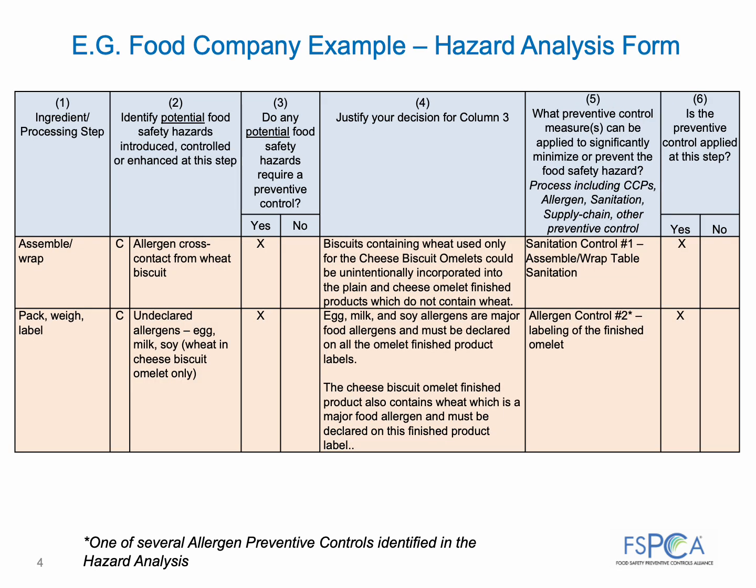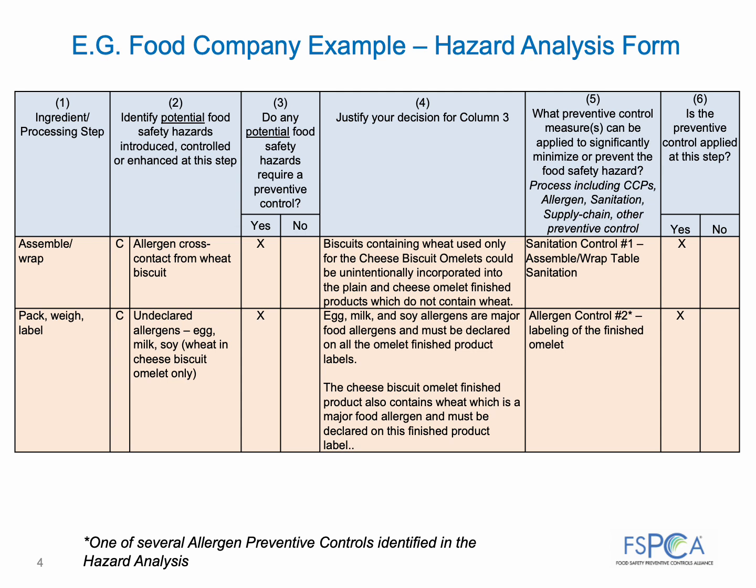The first step illustrated on the slide, assemble wrap, column 1, identifies the potential food safety hazard, allergen cross-contact from wheat biscuit, column 2, and concludes that a food safety hazard requiring a preventive control is present, column 3.